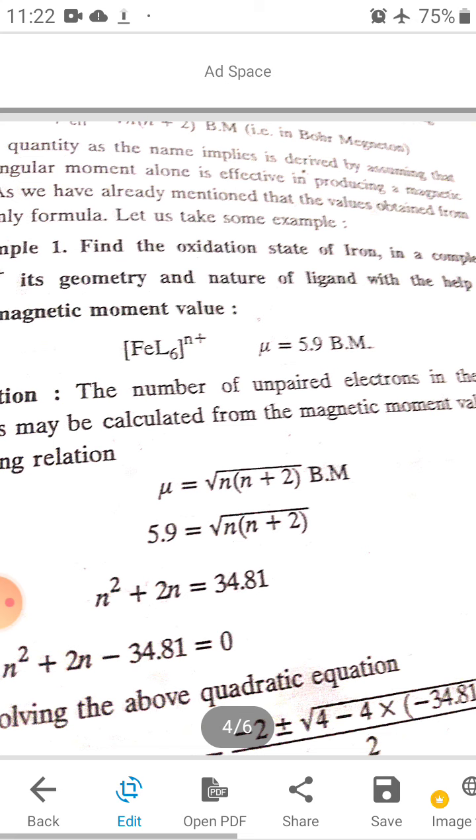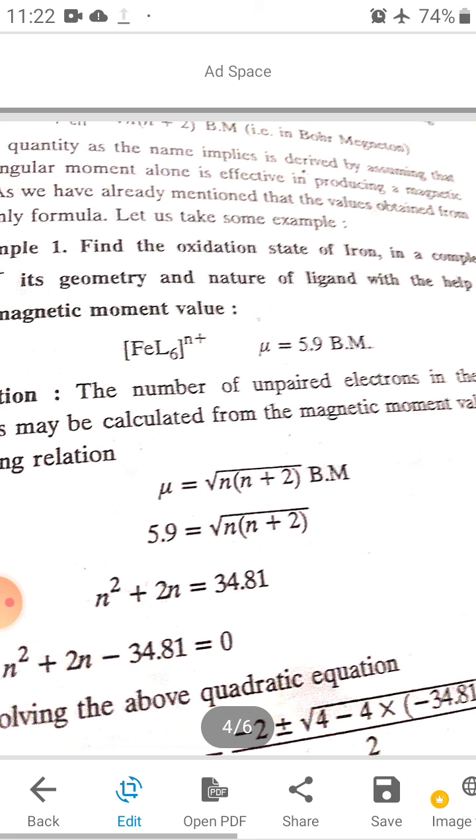Then n square plus 2n is equivalent to 34.81. Then we have n square plus 2n minus 34.81 is equal to 0. By solving this quadratic equation, the number of electrons comes out to be 5.